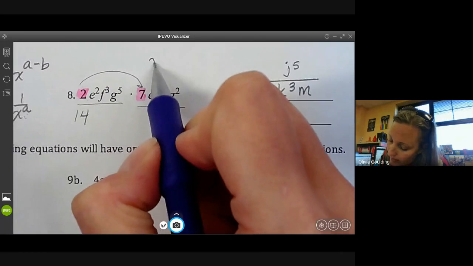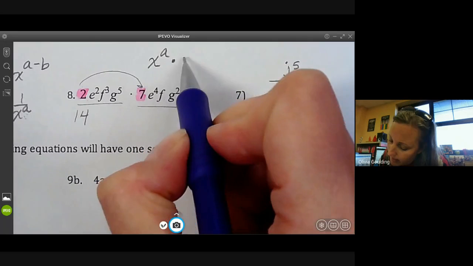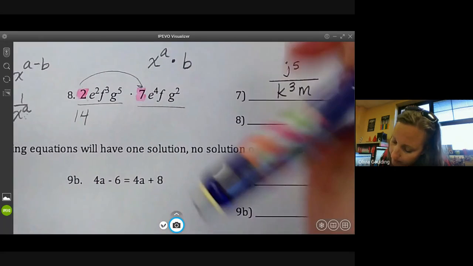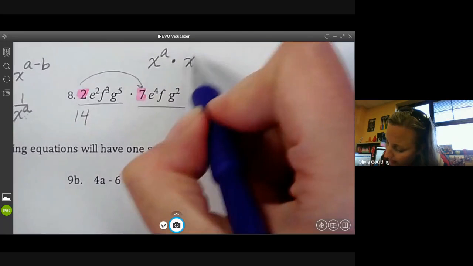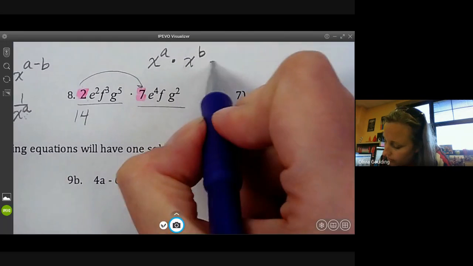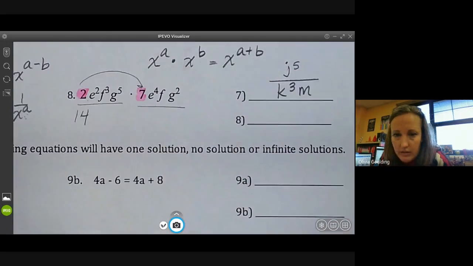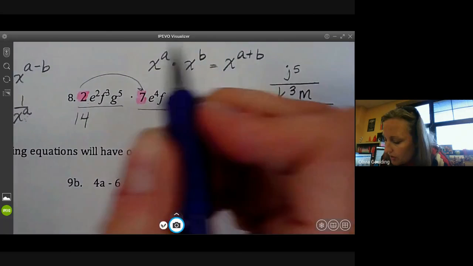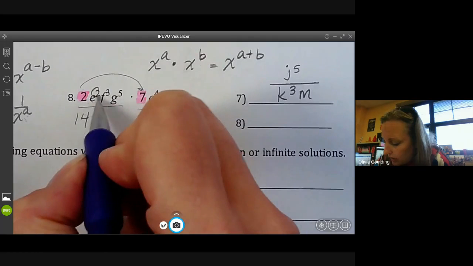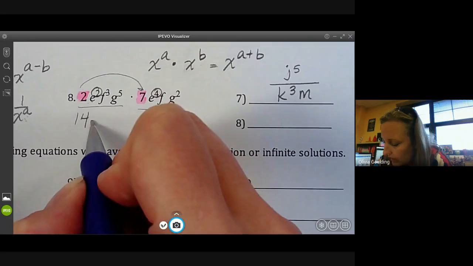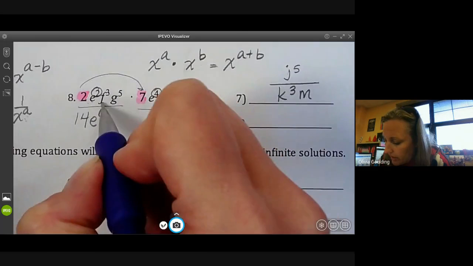And then the rule for multiplying with exponents is if I have x to the a and I'm multiplying it by x to the b, the shortcut is I add the exponents. So the like bases, e and e, I have a 2 and a 4, so I add those and get e to the 6th.